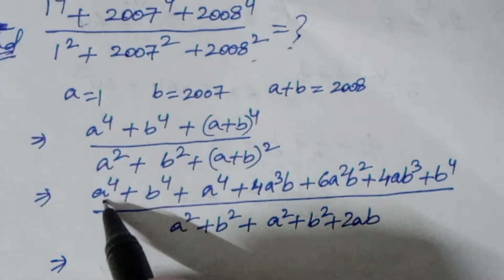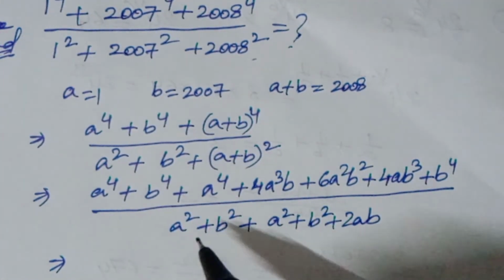So here you will get a power 4 two times, b power 4 two times.